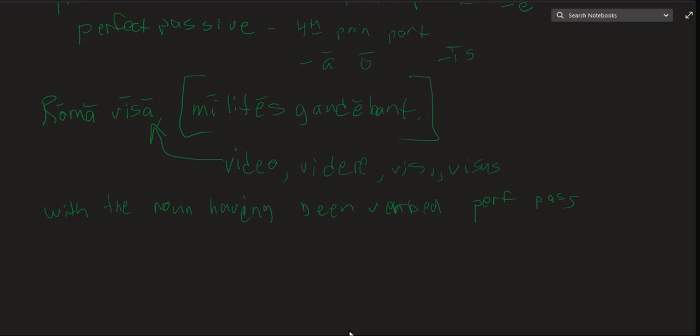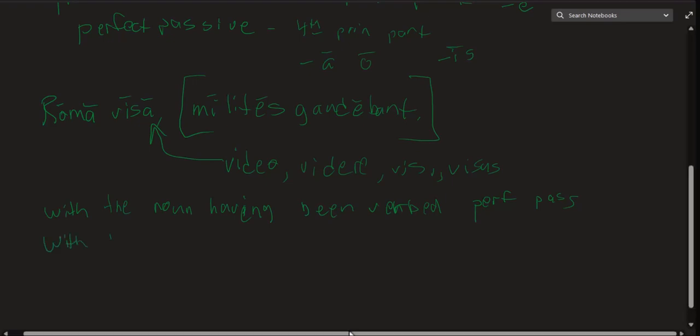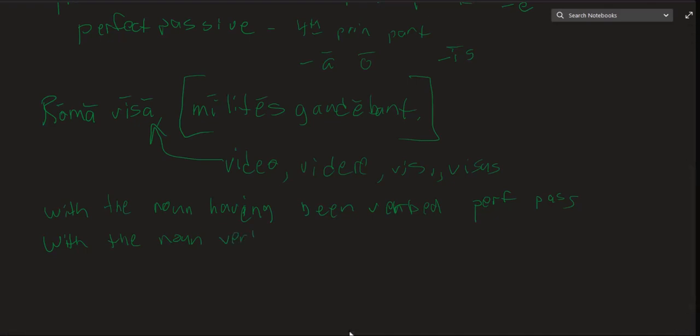And if it's present active, it'd be with the noun verbing. Okay, so in this particular example, we see visa, it's coming from the fourth principal part, so it's perfect passive. It'll be with the noun having been verbed.